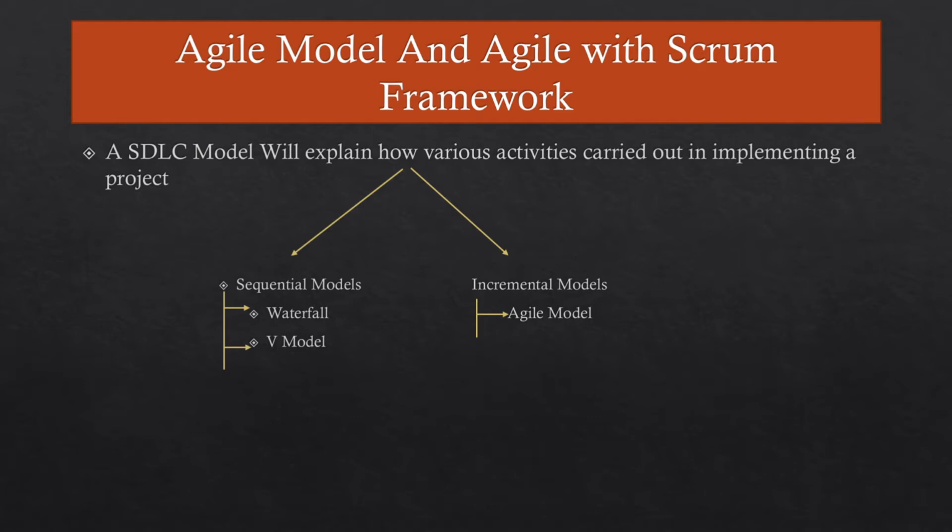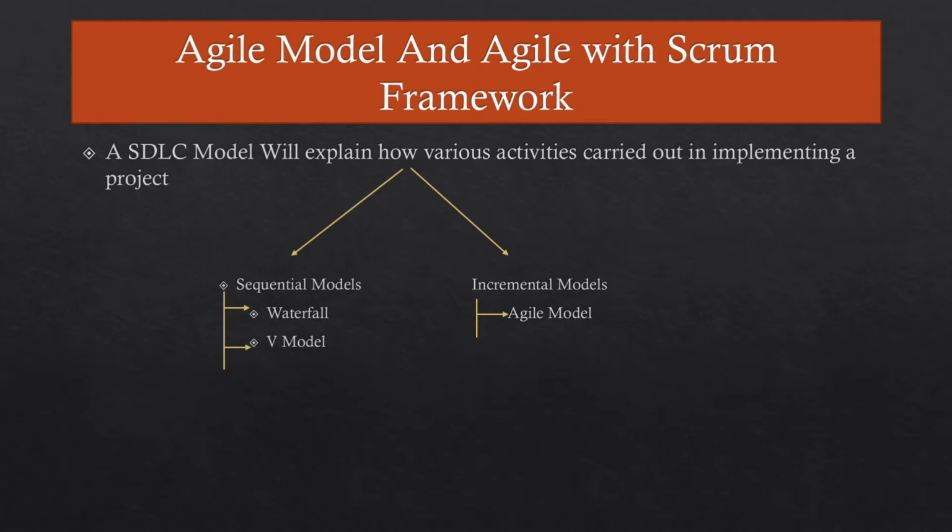or implementing a project. The SDLC model has two types. The first is the sequential model, and the second, a very important one, is the incremental model. Under the sequential model we have two models, the waterfall model and the V model.